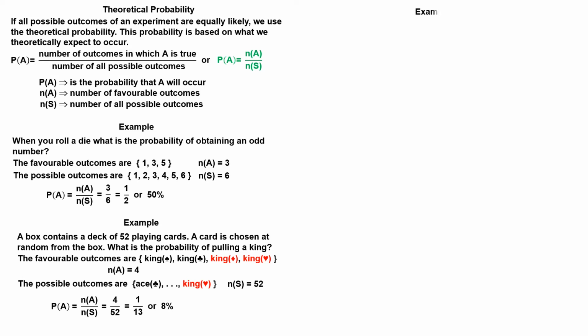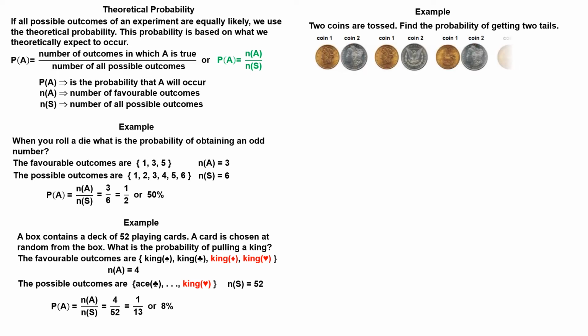Example: 2 coins are tossed. Find the probability of getting 2 tails. In this example, I think it's better to write down a list of all possible outcomes first. The possible outcomes are: the number of possible outcomes is 4.